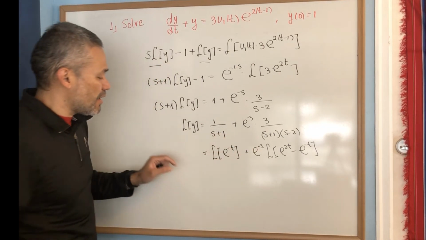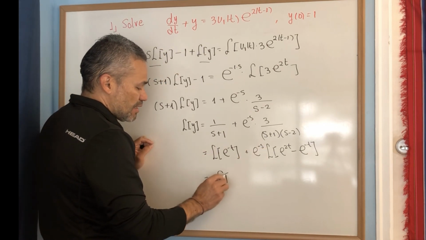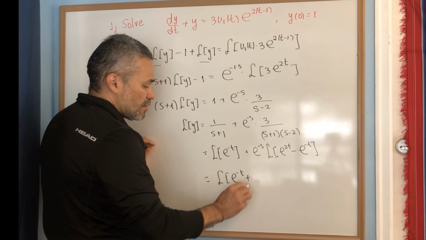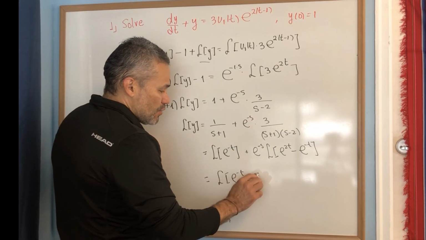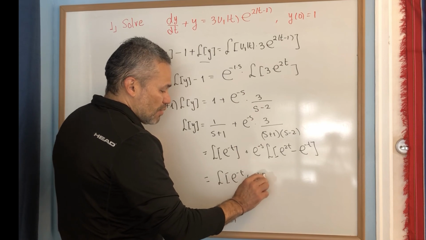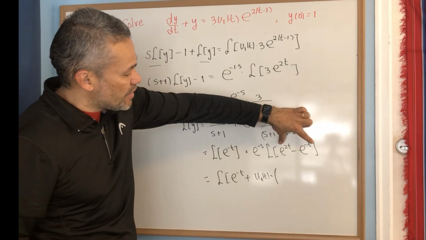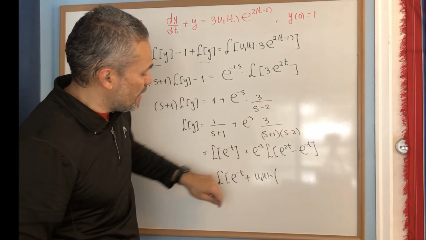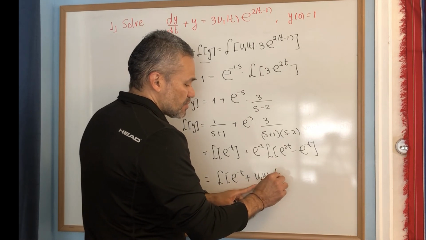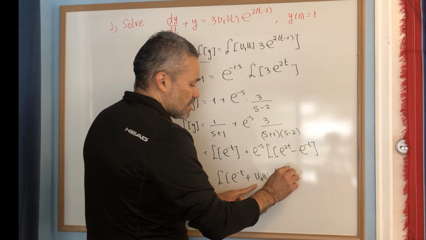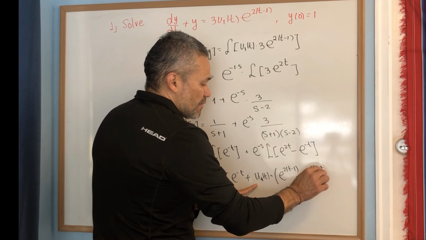And finally, using the formula that allows us to take care of the e to the negative as, we know that this is the Laplace transform of e to the negative t plus, when this disappears, ua shows up, times the original, and I have to compute the u1 shifting, which is u1 of t times e to the 2 times t minus 1 minus e to the negative t minus 1.